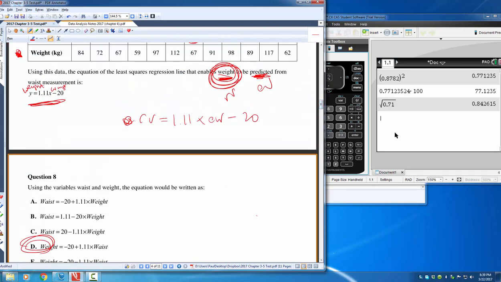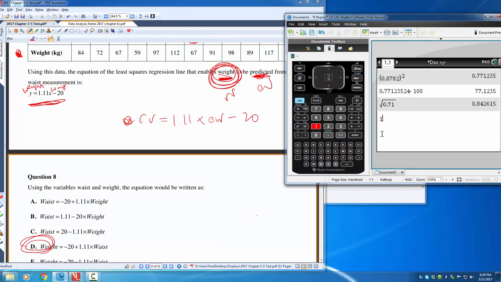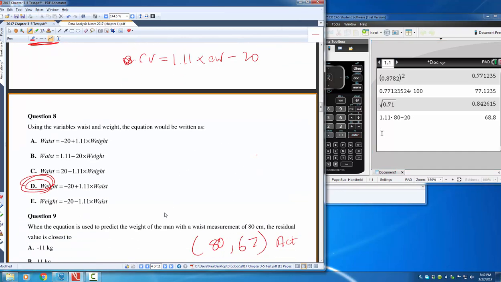So that's 1.11 multiplied by the given value, which was 80, subtract 20. Whoops. And it says 68.8. So let's write that down.